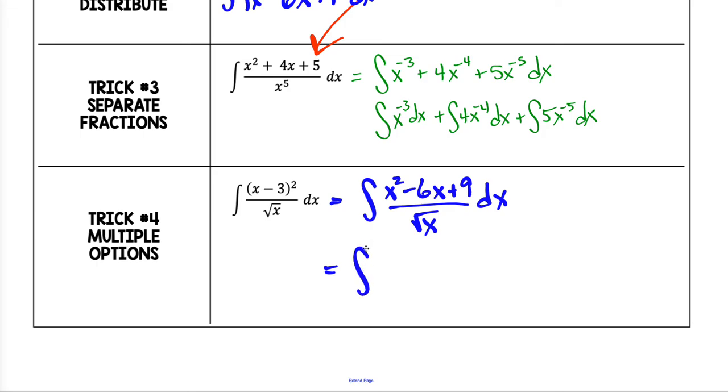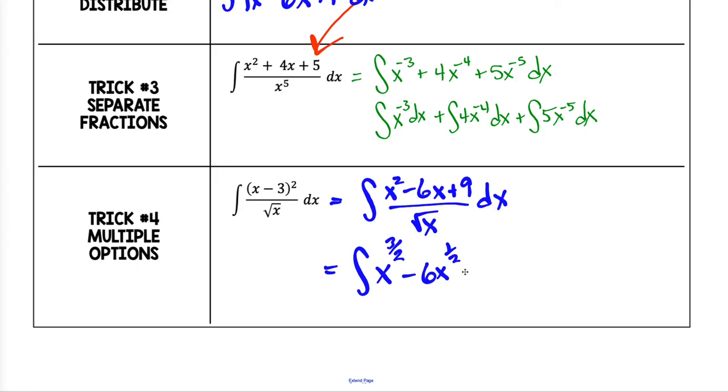Okay, the x to the power 1.5. True, 3 halves though. And then x to the power half. Perfect. That is 6x to the half.